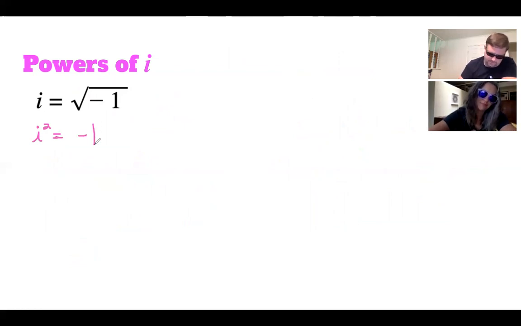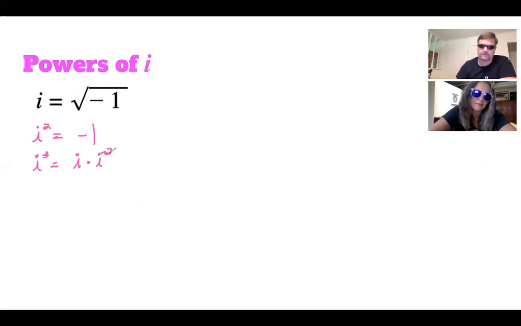What about i cubed? i cubed would be i times i squared. But we already know i squared is -1, so it would be i times -1, or negative i. Negative i. Okay?